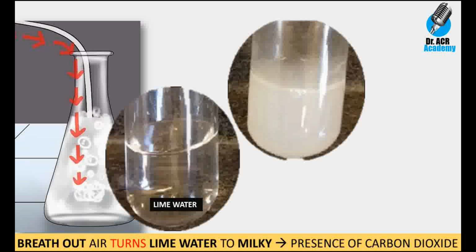In addition to carbon dioxide, there are many other gases and moisture in the air. The presence of moisture can be observed as a thin film on a mirror when we exhale on it.